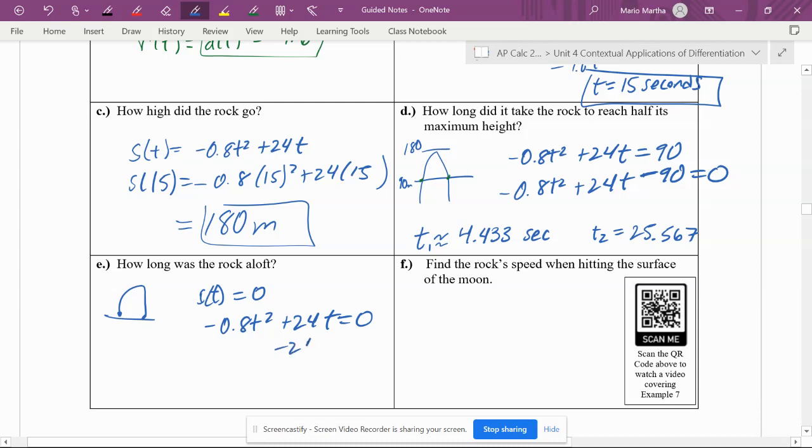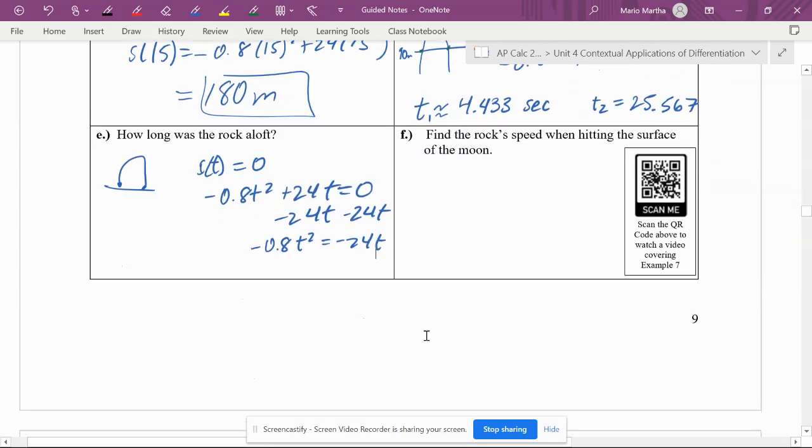Subtract 24 t from both sides, and you end up with negative 0.8 t squared equals negative 24 t. Divide both sides by negative 0.8 t, and that gives us t equals a total of 30 seconds.